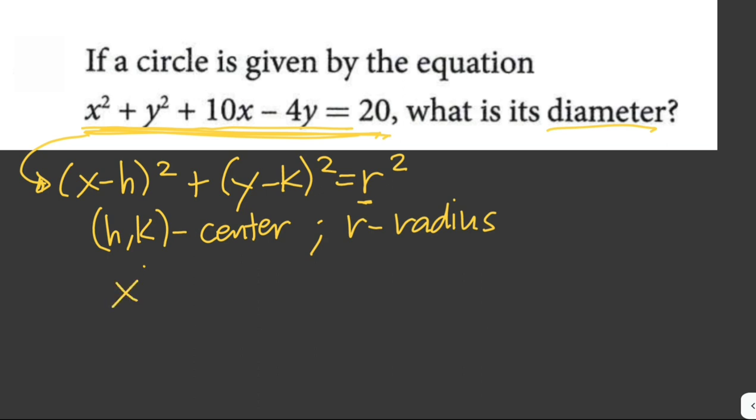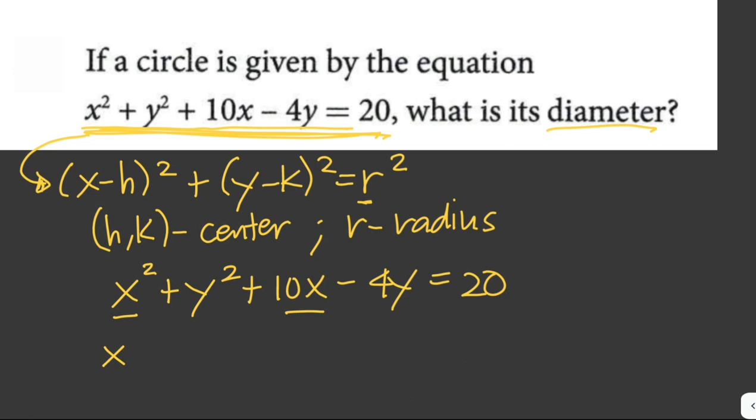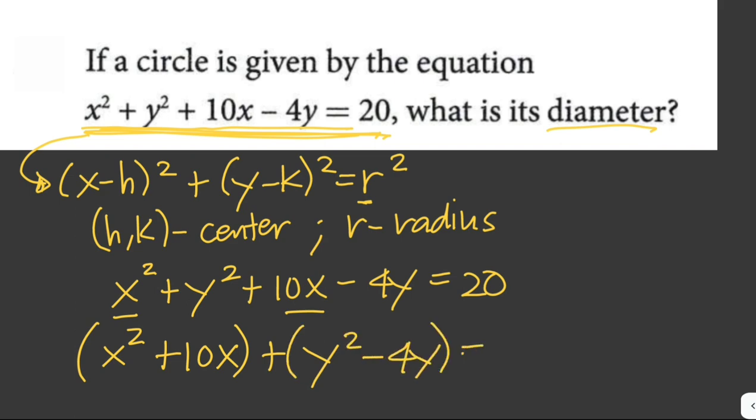So that would be x squared plus y squared plus 10x minus 4y equals 20. Then we group like terms. We group those terms with x. So x squared plus 10x plus y squared minus 4y equals 20.